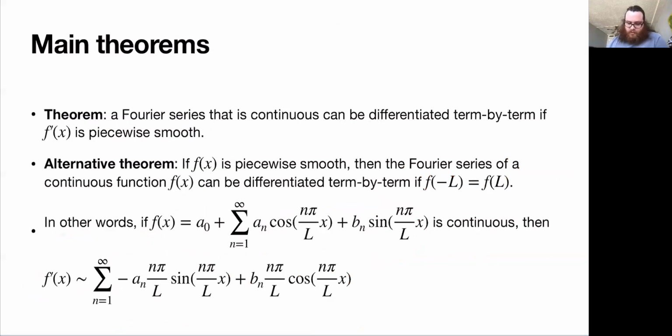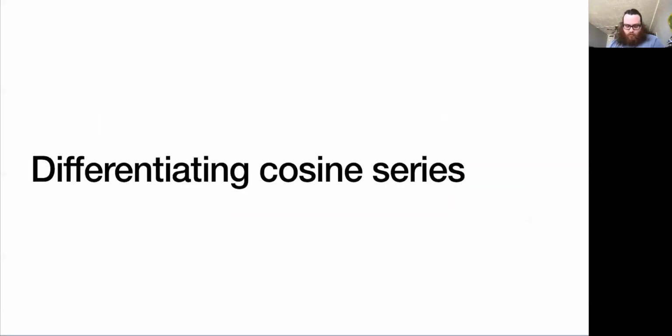And so it's actually helpful when talking about differentiation to split it up and focus specifically on the cases for when you have a cosine series and when you have a sine series separately. So that's what we're going to do: break up the cases, look at each part individually.